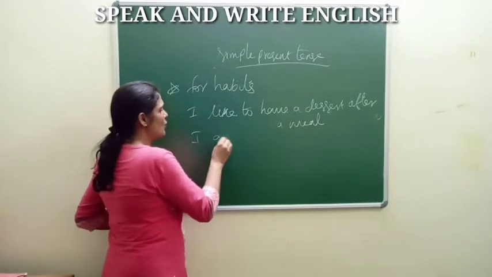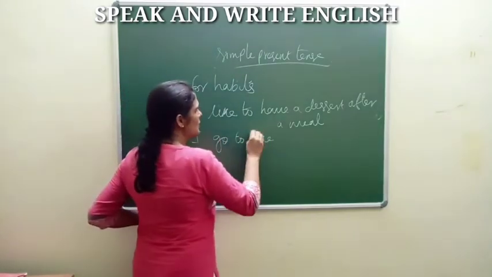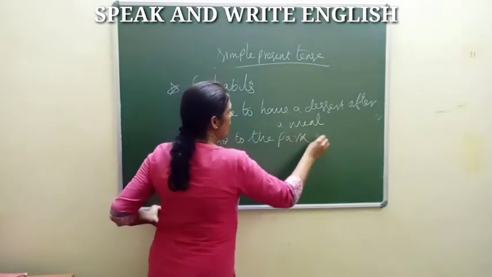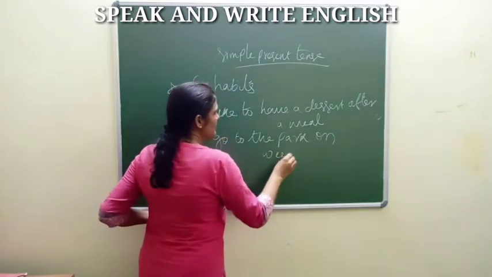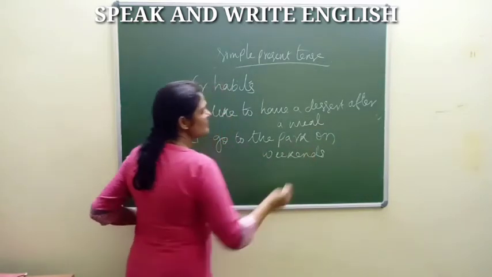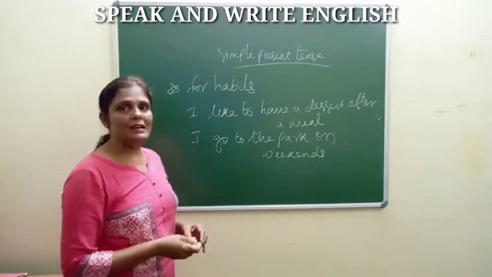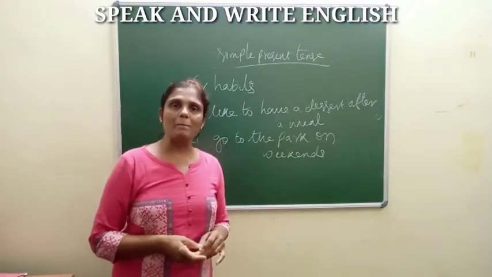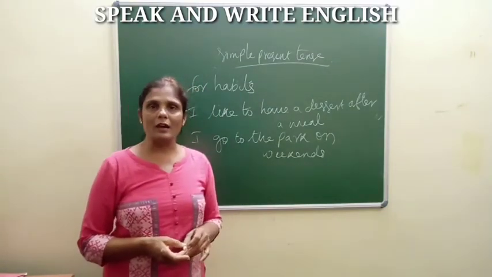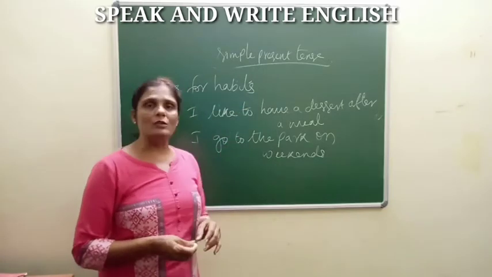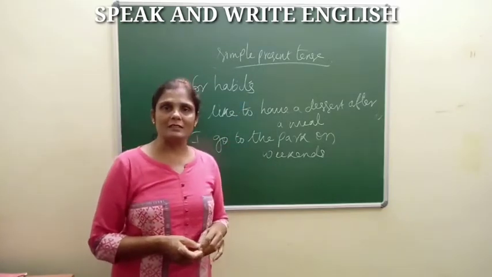I go to the park on weekends. Again, this is a habit with me. Every weekend, I have a habit of going to the park. So whenever we talk of the habits too, we make use of the simple present tense.